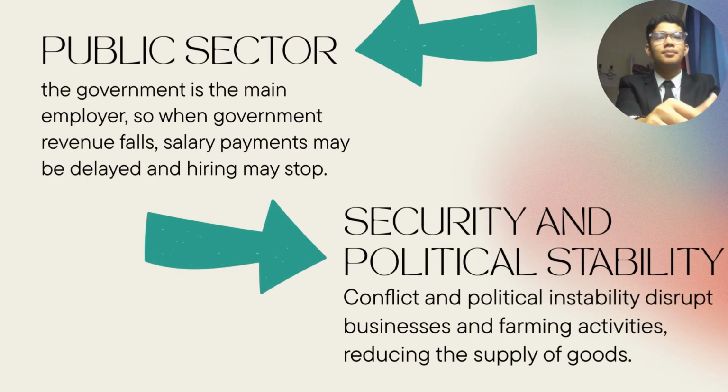For the next, the public sector. The public sector is affected as the government, a primary employer, delays salaries and hiring when revenue falls. Underlying all this is the critical issue of security and political instability, which disrupt all business and farming activities.